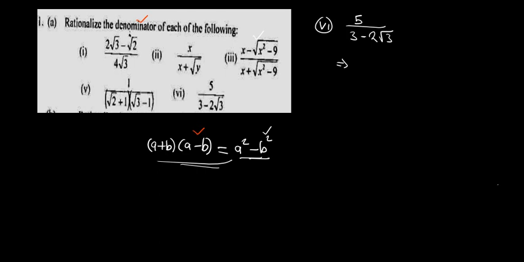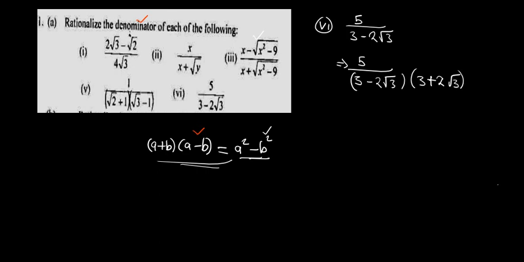We do the conjugate again, so 5 over 3 minus 2 root 3 like that. So we do the conjugate. This is very simple. So 3 plus 2 root 3 like that.